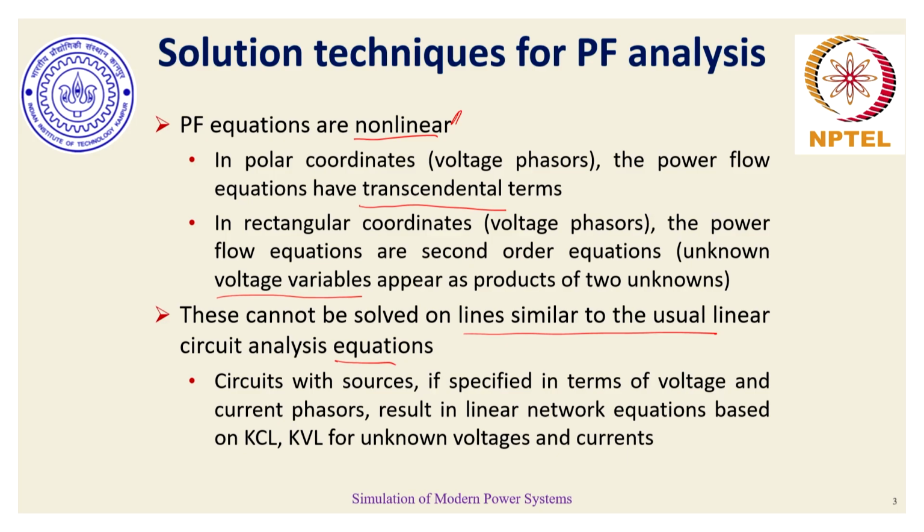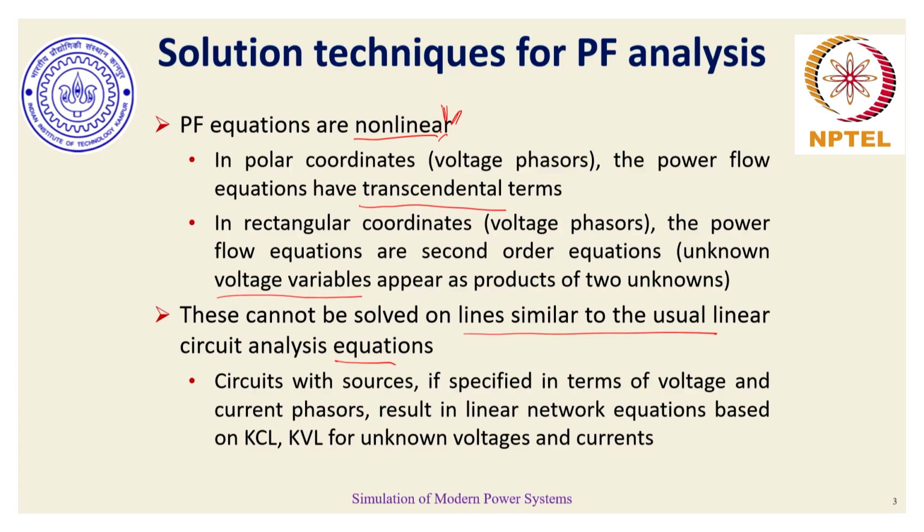The primary reason for the equations becoming nonlinear is that our sources are not typical independent ideal voltage sources or current sources. They are power generation sources, and power is always a product of voltage and current, and hence the corresponding equations have a nonlinear form.